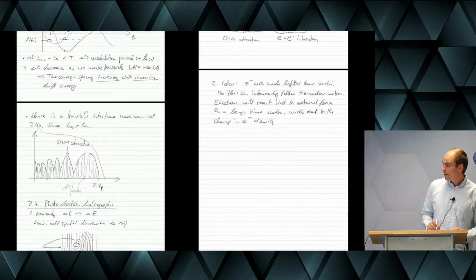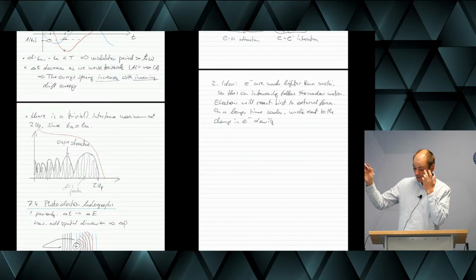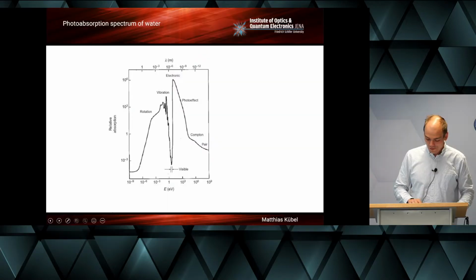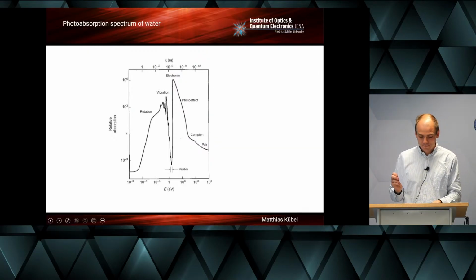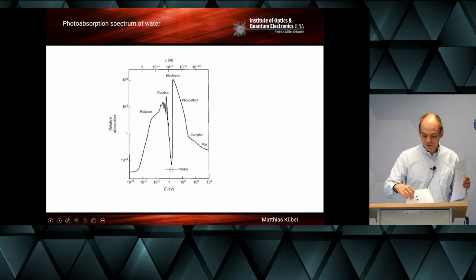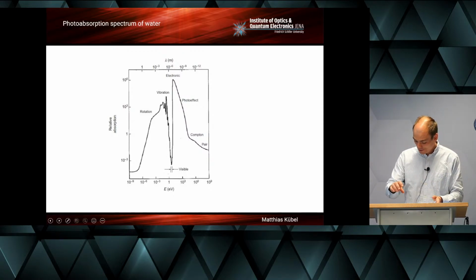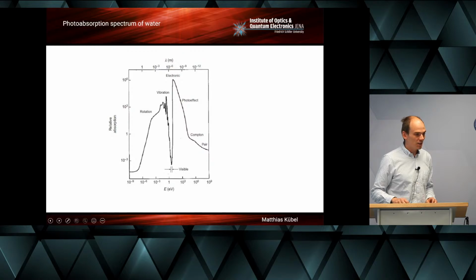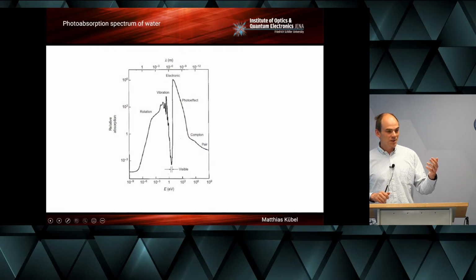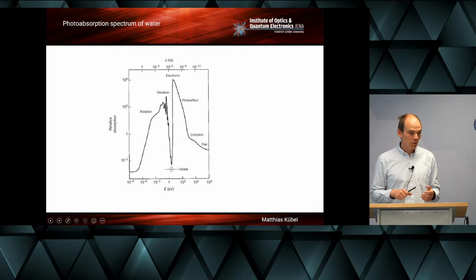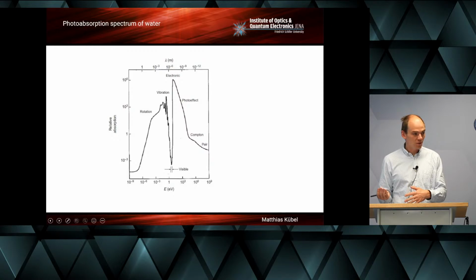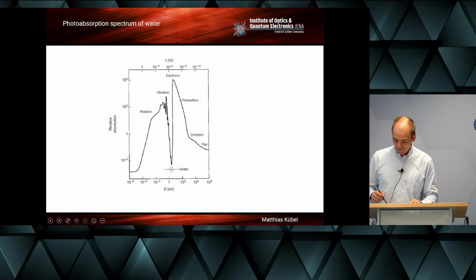Okay, and there's a nice, can you show the laptop? There's a nice absorption spectrum here of water that illustrates this effect. Of course, the time scale of the motion is related to the energy associated with transitions that correspond to either electronic or nuclear dynamics. So this is the absorption spectrum of water.